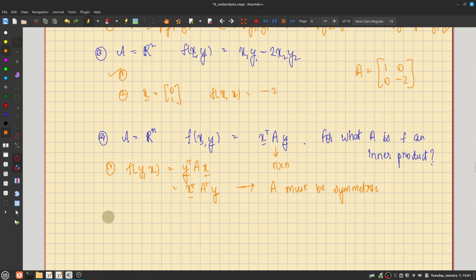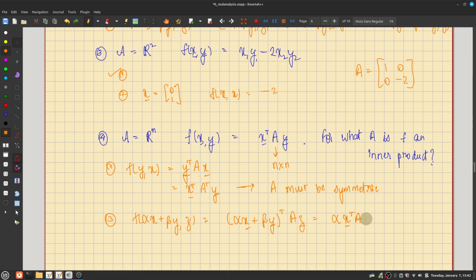I'll skip to property number 3. Is property number 3 always satisfied? What is f of alpha x plus beta y comma z? This is alpha x plus beta y transpose A z, which is nothing but alpha times x transpose A z plus beta times y transpose A z.